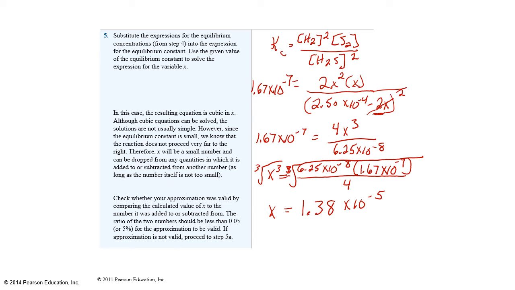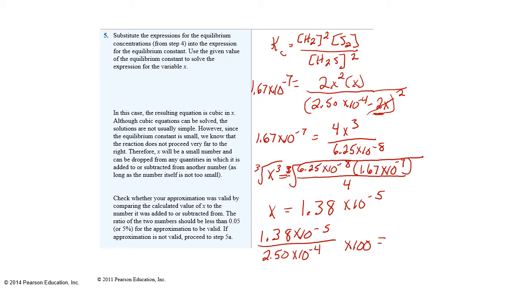Now we want to double check our approximation to make sure that this is an appropriate approximation to make. So we're going to take that x value, 1.38 times 10 to the negative 5th, and compare it to the initial concentration, which was 2.5 times 10 to the negative 4th, times 100.